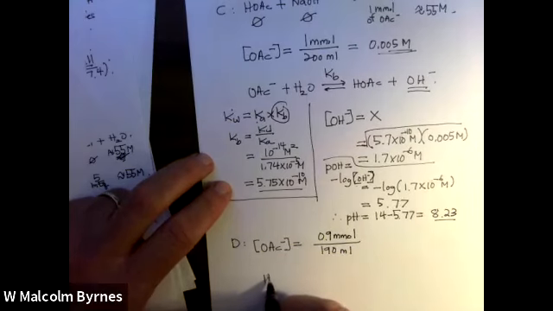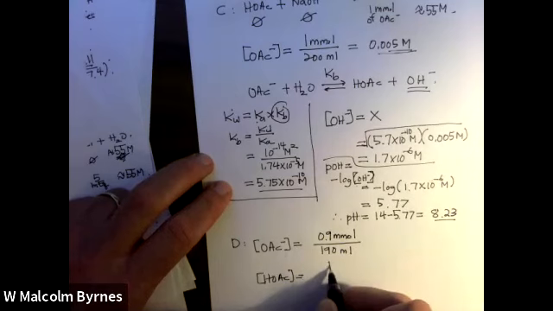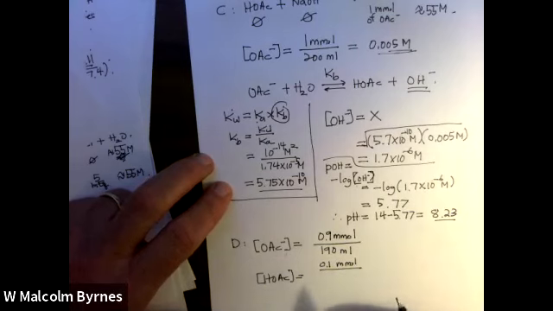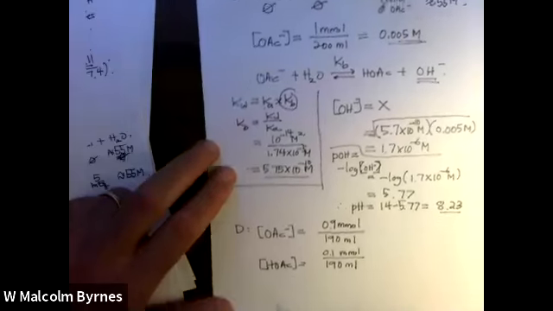And the concentration of acetic acid that's present is just 0.1 being left, divided by 190 milliliters.